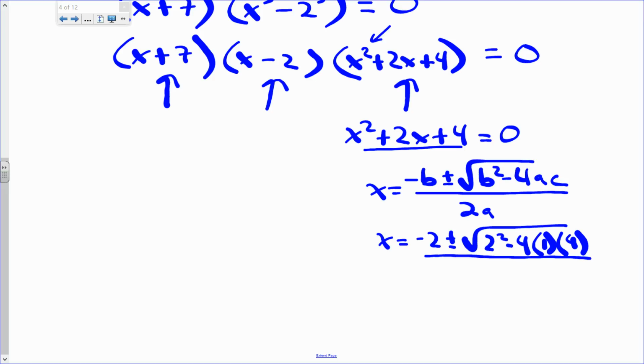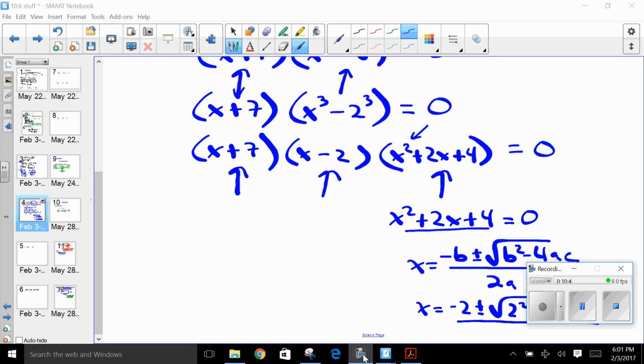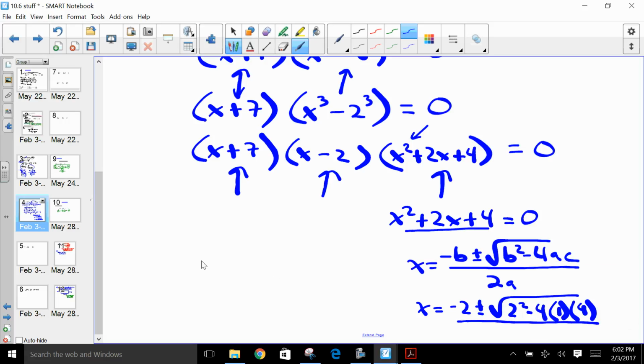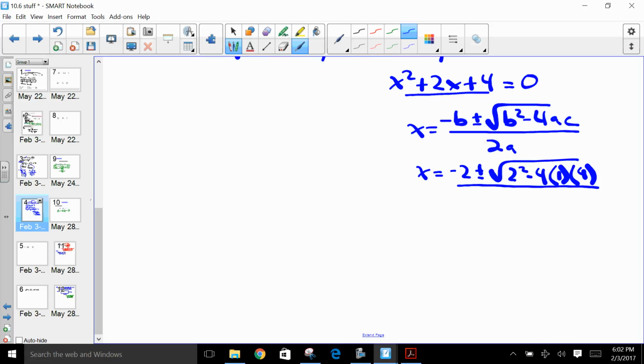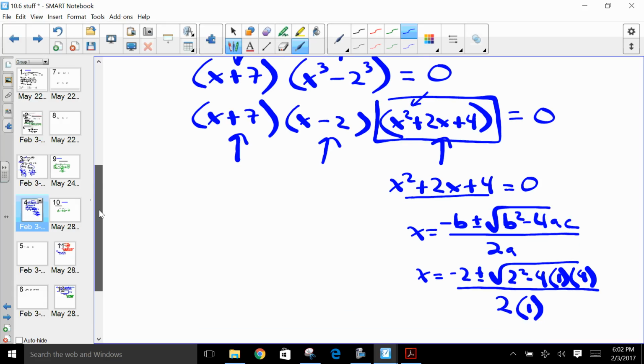Notice. All over 2a, in this case 2 times 1. Okay? So right now, I'm just focusing on this trinomial. I'm setting this one equal to 0. I'm going to solve for x.